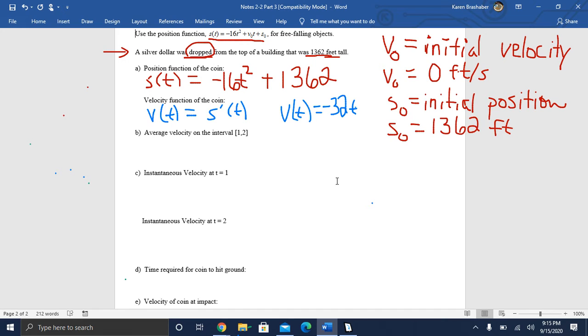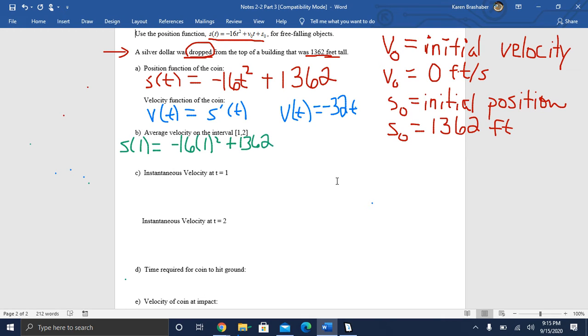So maybe it would be helpful to set this up as ordered pairs, which means we would need to know the position at time 1. So S of 1. So if I'm going to plug 1 in for the t, then I would get 1,346. Now, I can go ahead and show this. I don't have a lot of room, but I think I can squeeze this in.